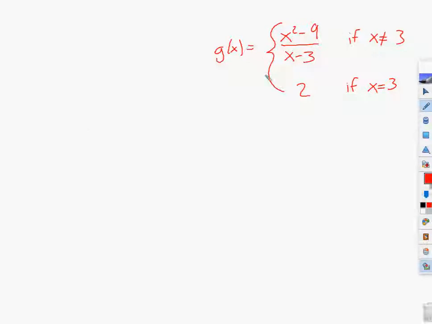Alright, so it's this. And let's find the limit as x approaches 3 of g of x.